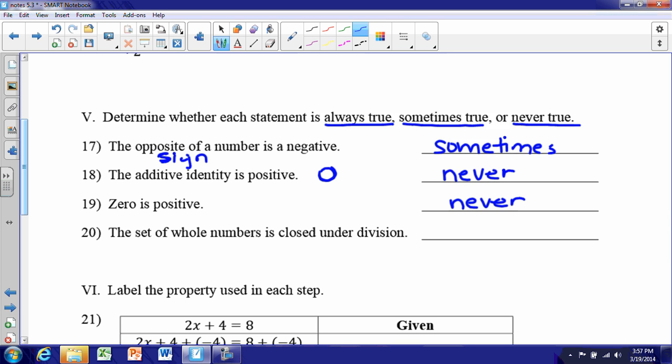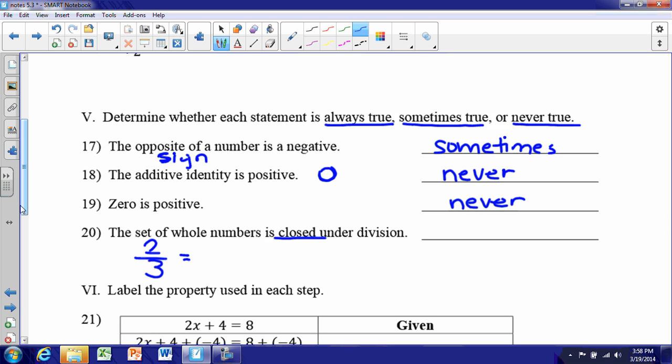And then in number 20, the set of whole numbers is closed under division. Closed means if you start with, in this case, a whole number, and then you divide, you will always get another whole number. Well, let's take the whole number 2 and the whole number 3. When I divide them, do I get another whole number?